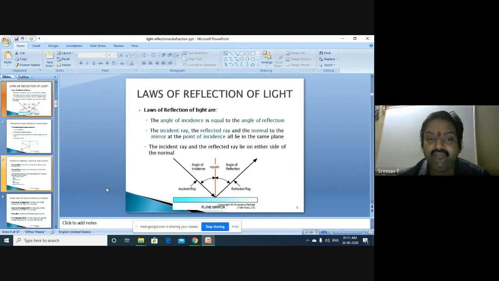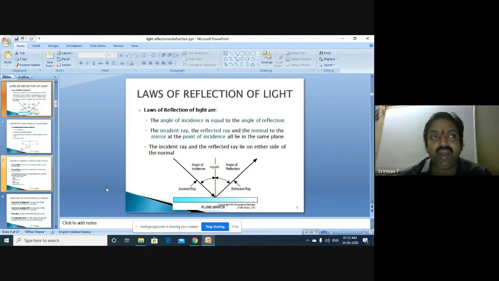The second law: the incident ray, the reflected ray, and the normal all lie in the same plane. When I say plane, I refer to the surface. I am taking only one ray, and the normal is the perpendicular drawn at the point of incidence. So these three lie in the same plane.